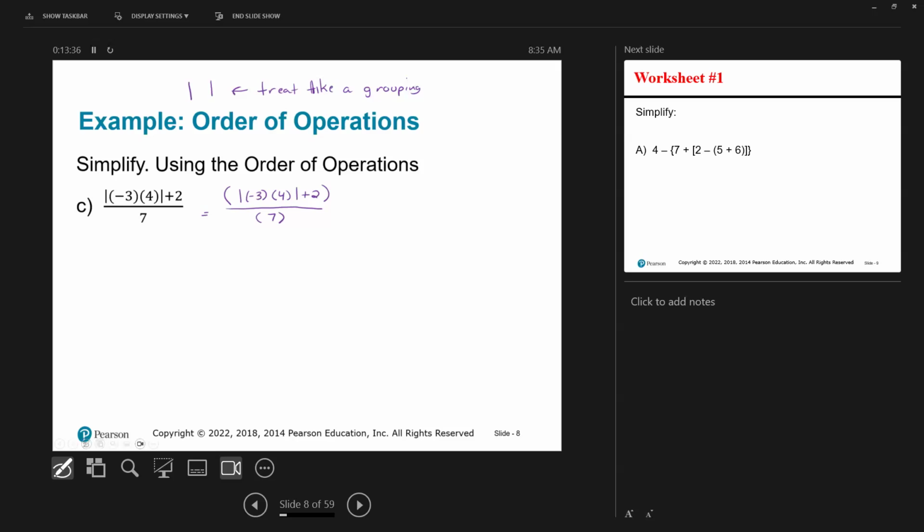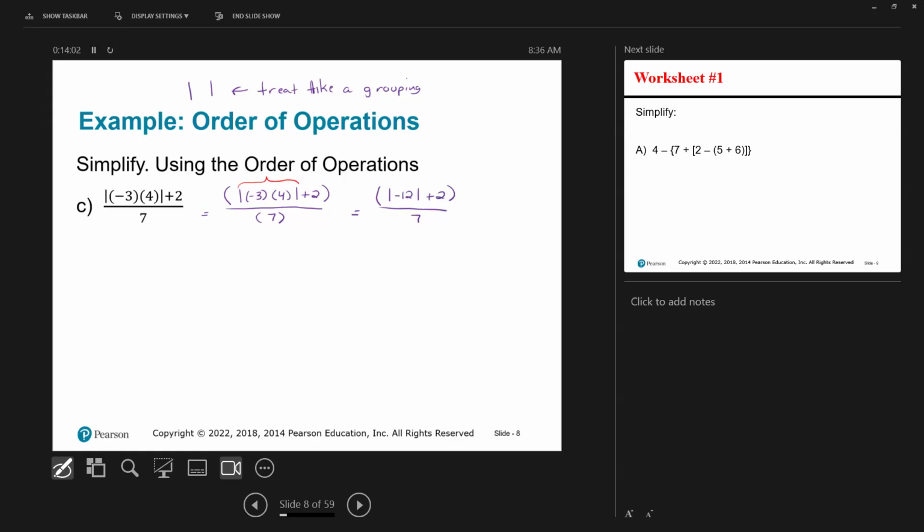So we're going to say this grouping here inside the absolute value is my innermost grouping. So if I deal with that, we have absolute value of -3 times 4. So that's going to be -12. So we need absolute value of -12 plus 2 divided by 7.